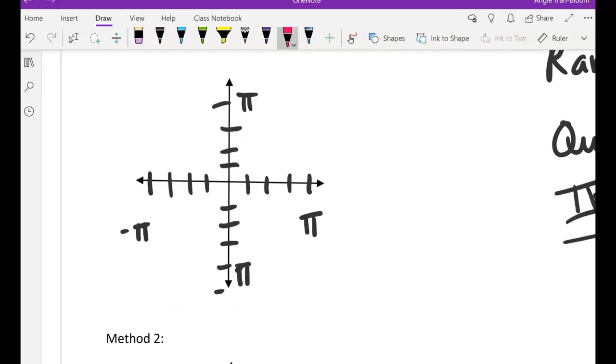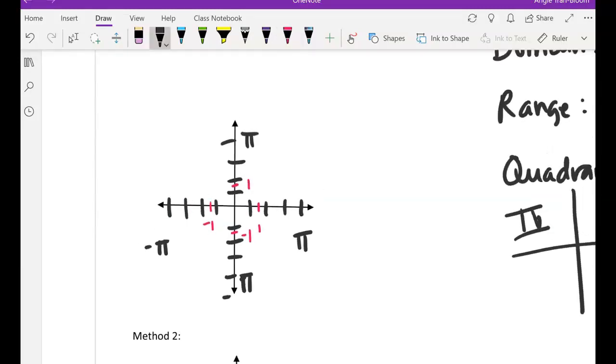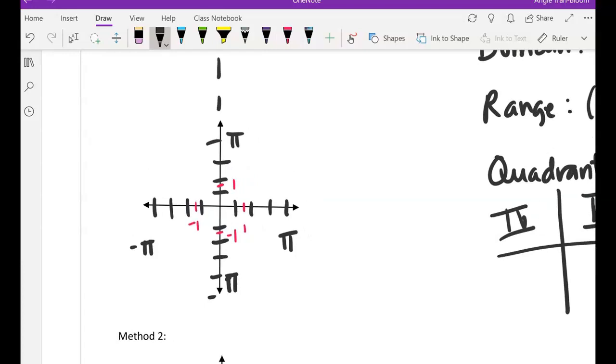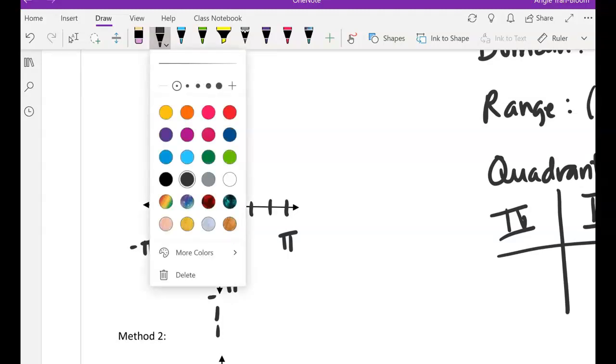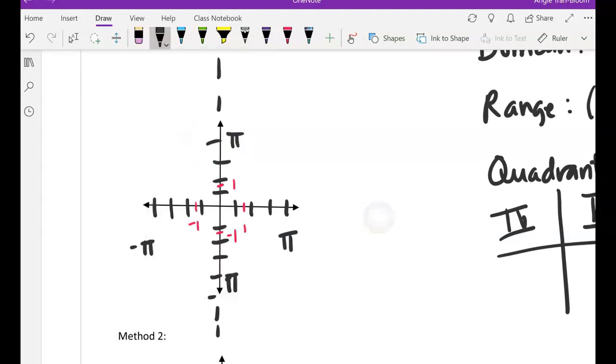Can I put a 1 tick mark 1/3 of the distance from 0 to pi? Yeah, so here we go. 1, -1. Okay. For the original, we will have one asymptote right at 0, just like that. And then we have another asymptote at pi. So this is your original.